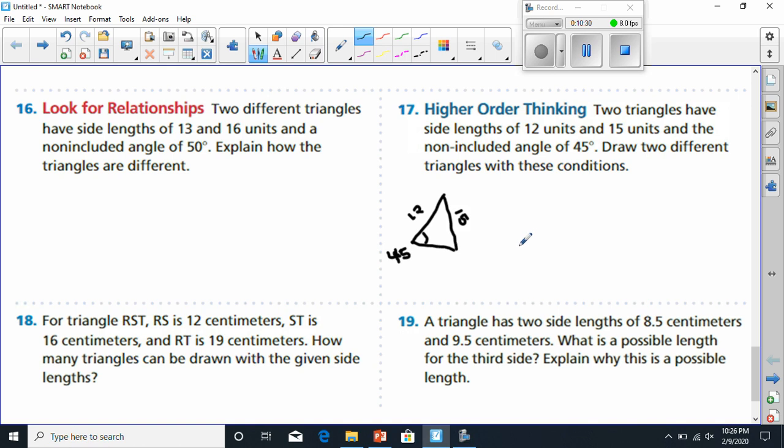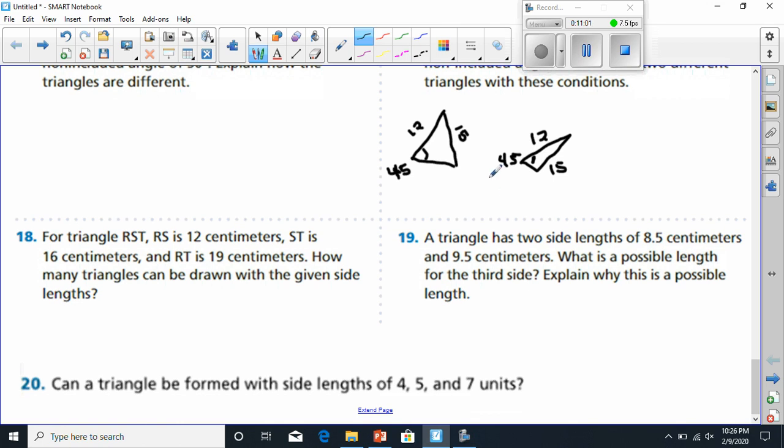But I could also draw one that is 12, 15, and 45. As you can see, both will meet the criteria of the description up here.